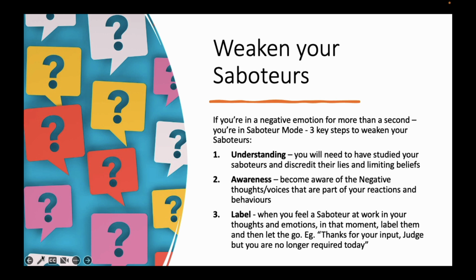For example, I use things like, "Thanks for your input, Judge Russ, but you are no longer required today." That labeling is really important, because you've made it aware, labeled it, and said, "I don't need your help anymore." That's the first step to weakening your saboteurs, because all of a sudden you start to take control and make some changes.